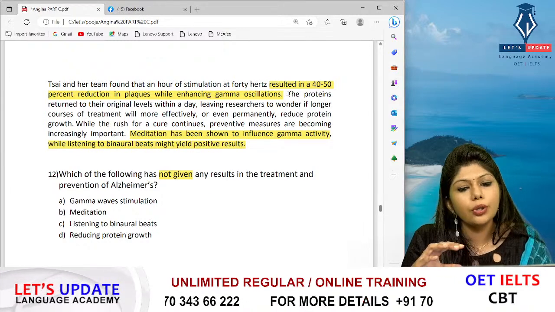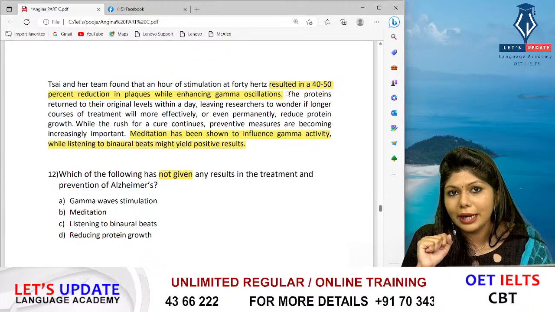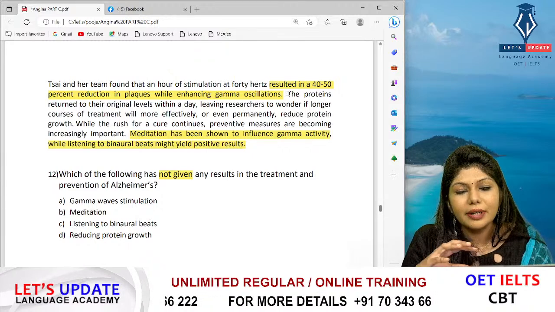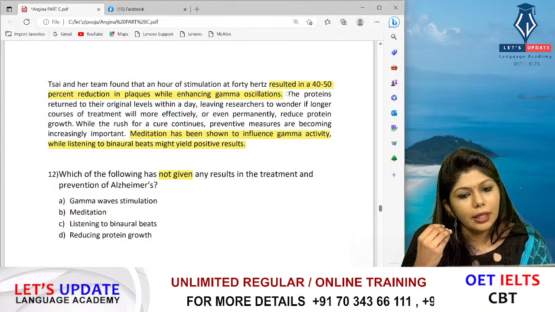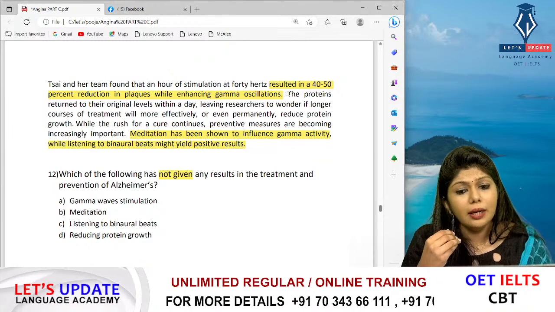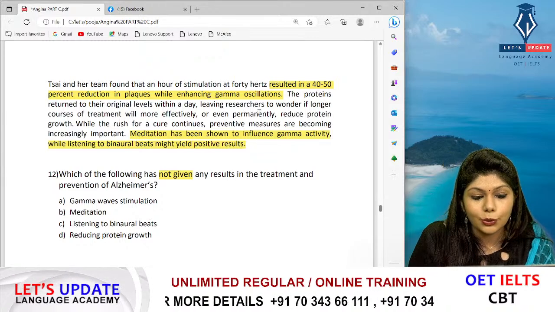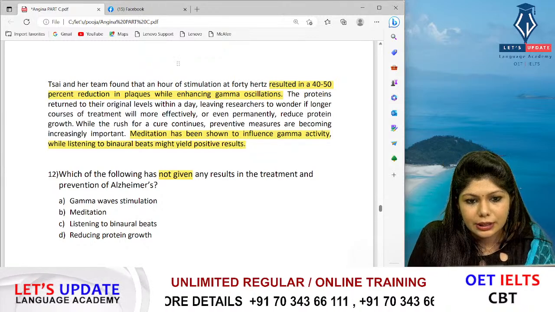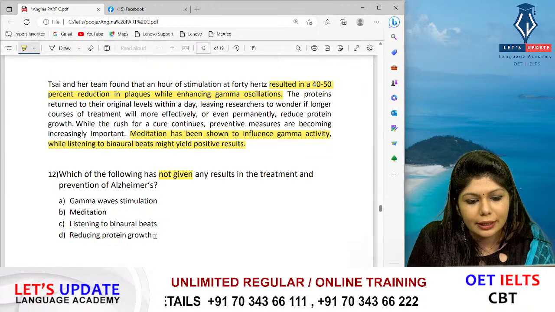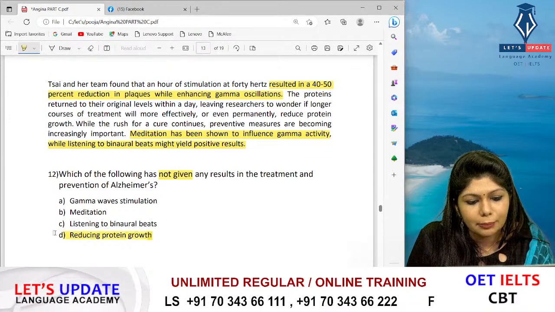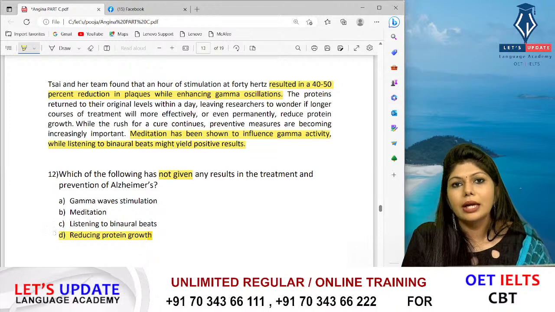So they do not have a result for that. Okay, it has not given any results so far. They are just wondering if it will reduce the protein growth, and that is why reducing protein growth is something that they have not mentioned as a result.